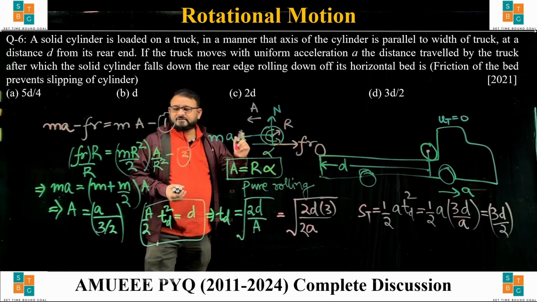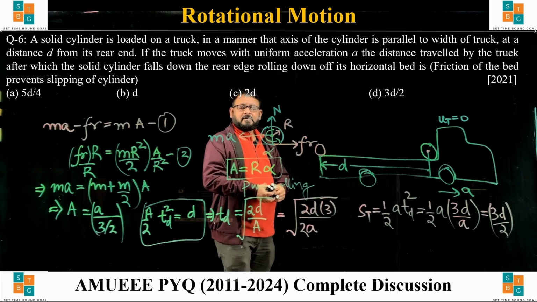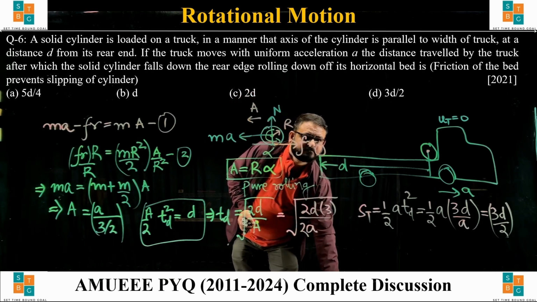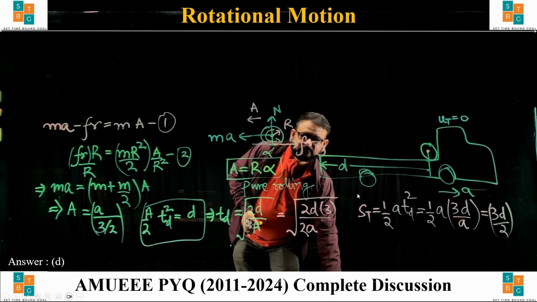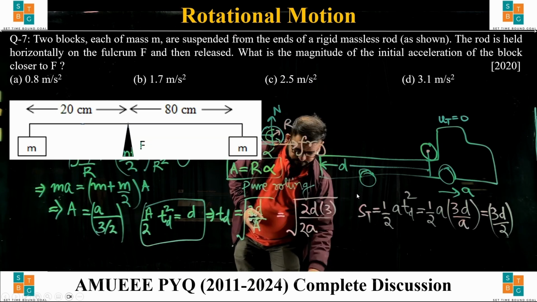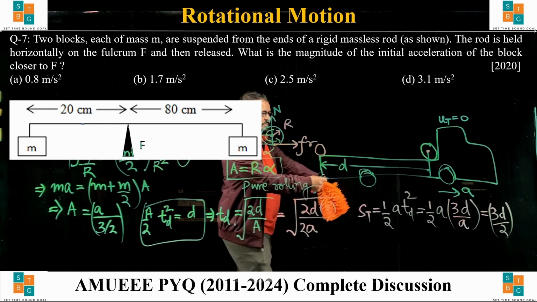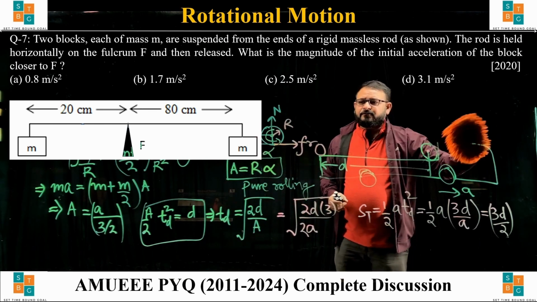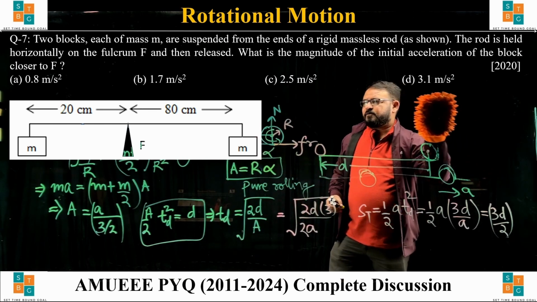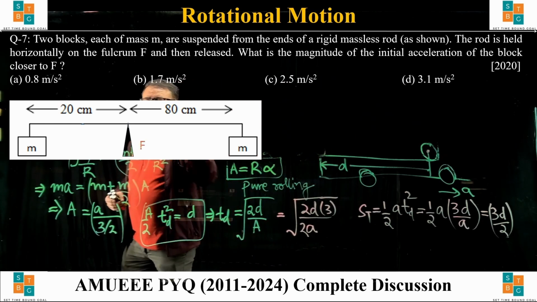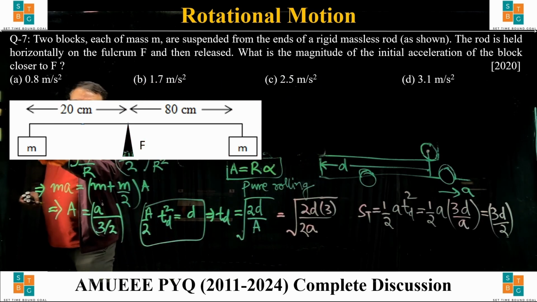Okay, so this is really beautiful question और इसका आंसर है D. All right, so let's move on. Now we have got warmed up. Quick. Please आप next question देखिए.